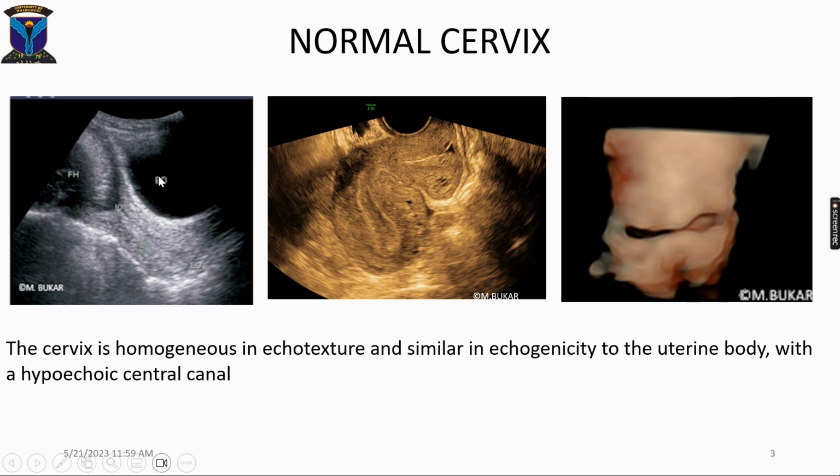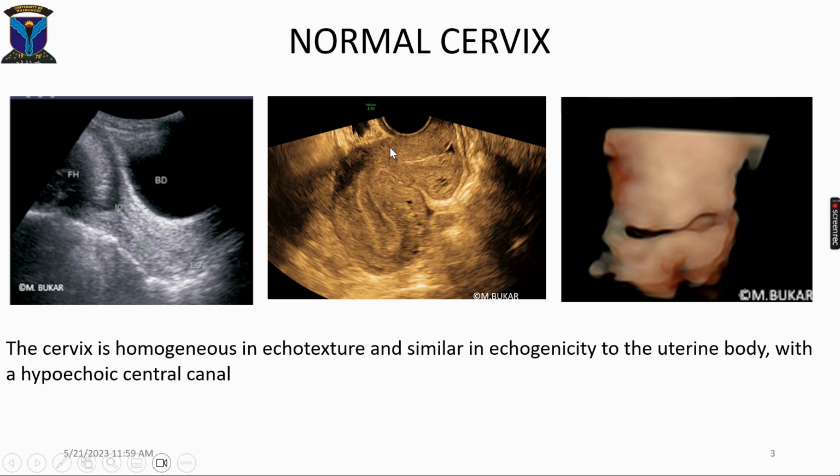This is a transabdominal image: a full bladder, anterior lip of the cervix, posterior lip of the cervix, external os, cervical canal, internal os, cervical mucosa, and cervical stroma. So this case was that of a hypermobile uterus.